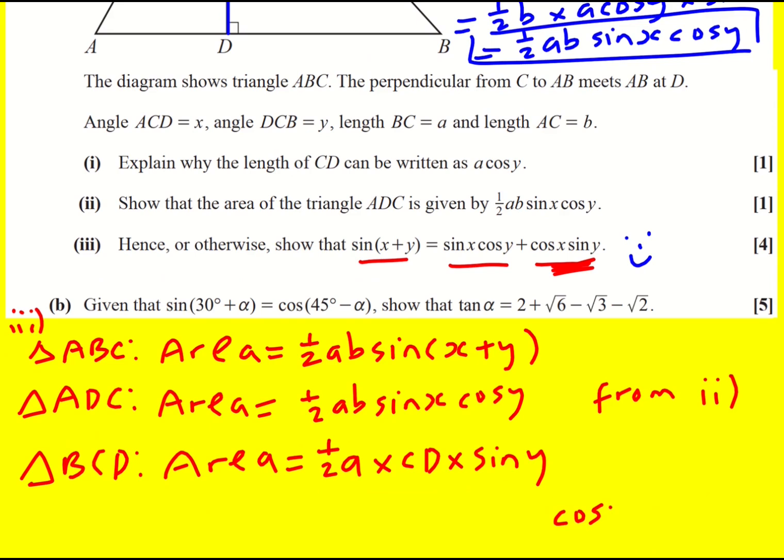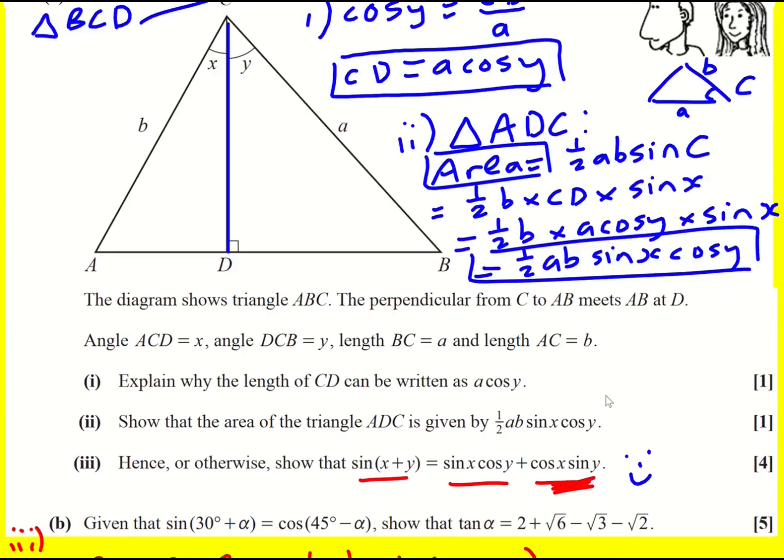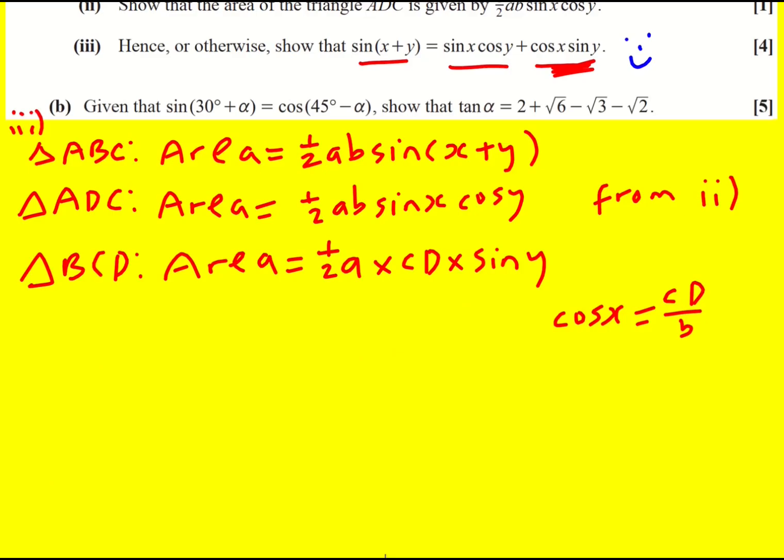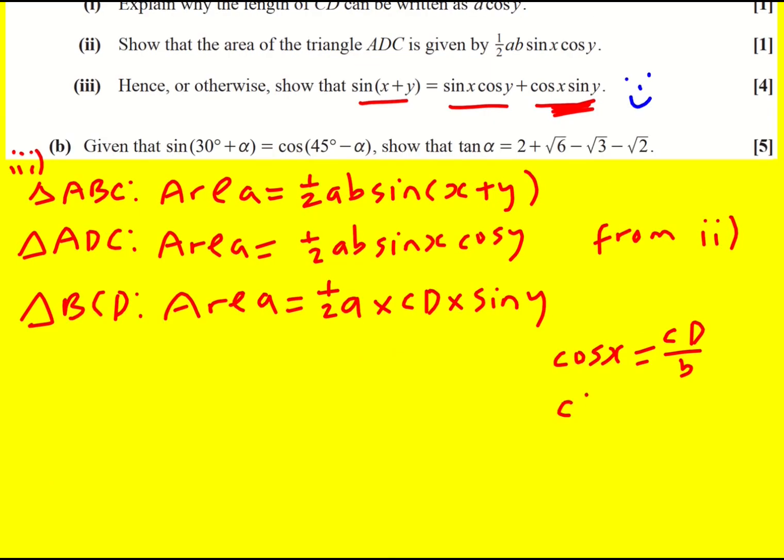Because cos X is going to be CD over B. Wait, was it B? Yeah. And that means CD is B cos X. Okay, this is brilliant because I can now replace it.